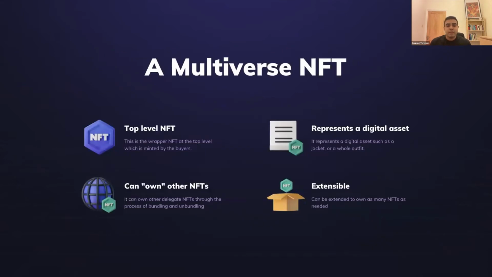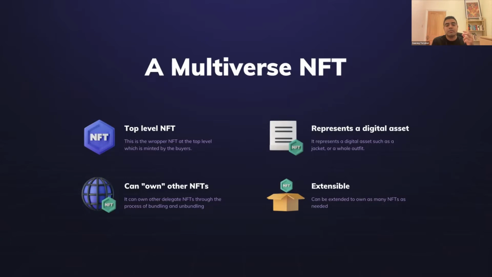So what we are proposing here is a multiverse NFT, and this is going to be a top level NFT. You could consider this like a wrapper NFT or a proxy NFT, which has to be minted by the buyers. This NFT will represent a digital asset. As I showed you earlier, this NFT could represent that golden jacket as a whole.